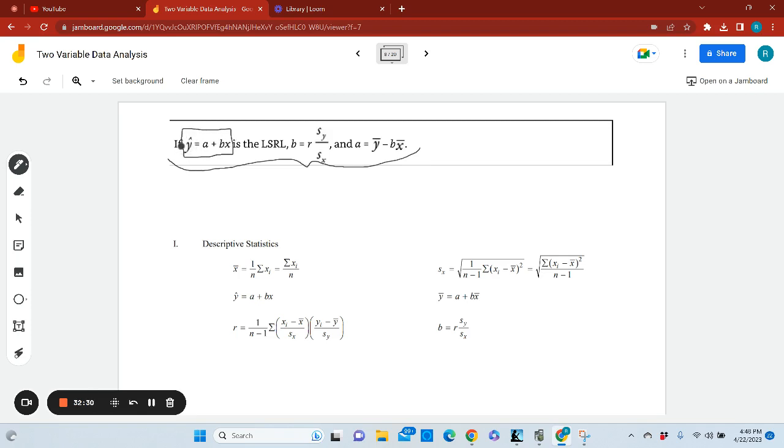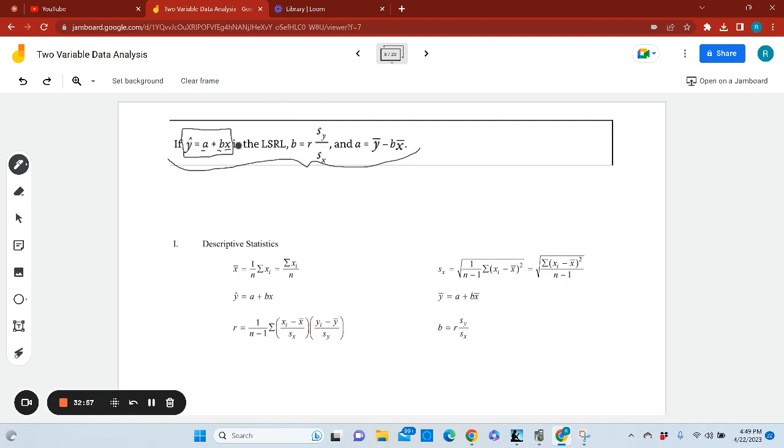Y hat, some predicted value, is equal to A, which is the y-intercept, plus B, which is the slope, times X, which is the explanatory variable. Okay, so this shouldn't be shocking to anybody. This formula right here is for the slope of the least squares regression line. Okay, you can see B, the coefficient that's attached to the x variable.